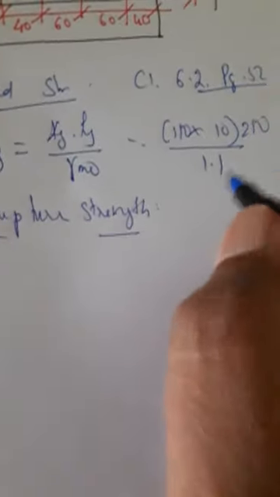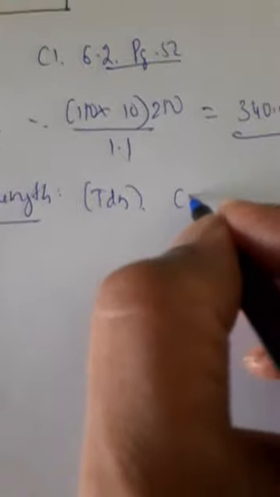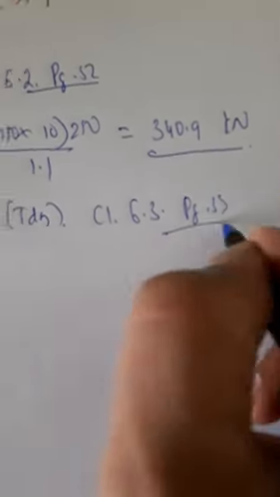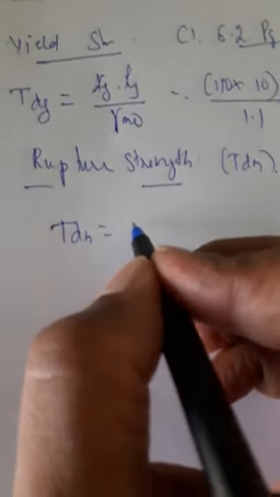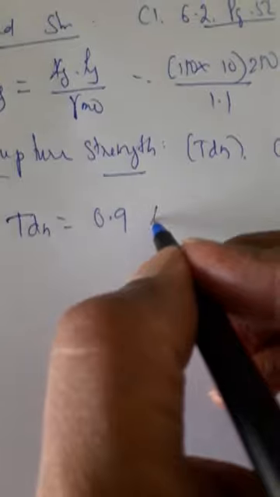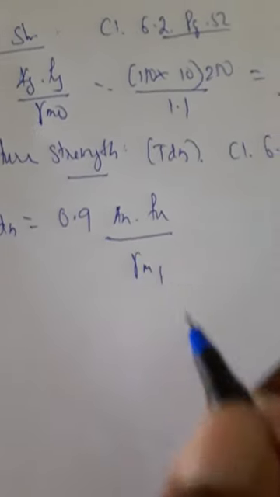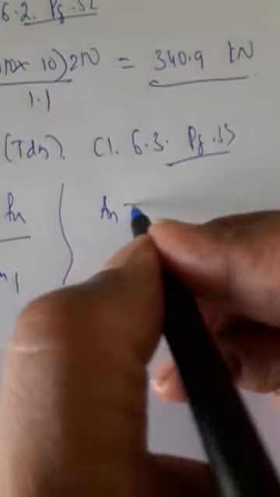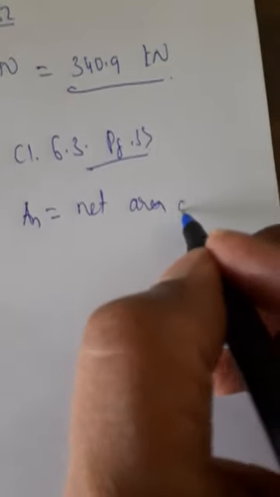Next, second, rupture strength. Rupture strength is given by TDN. For this, refer clause 6.3, page 33. So rupture strength for plates is given by TDN is equal to 0.9 AN FU by gamma ml, where AN is the net area at critical section.